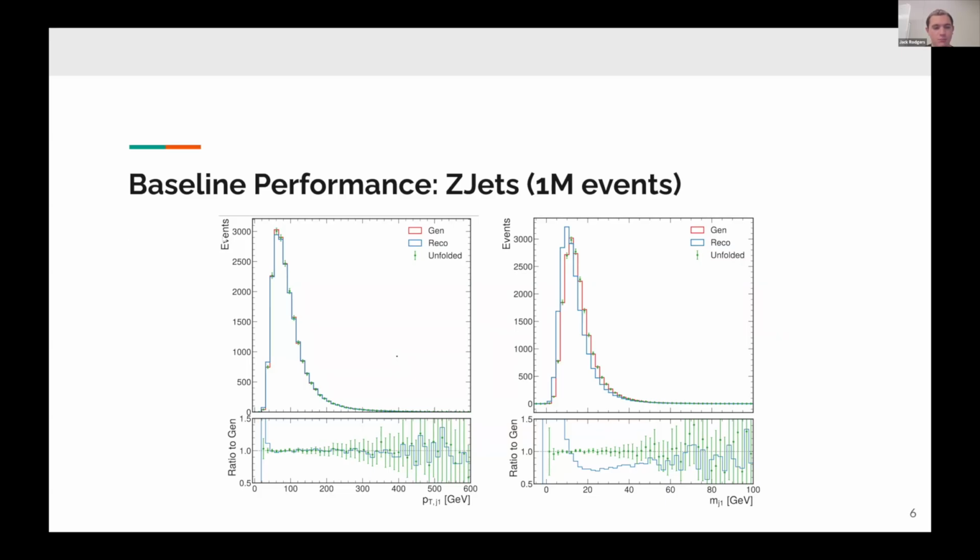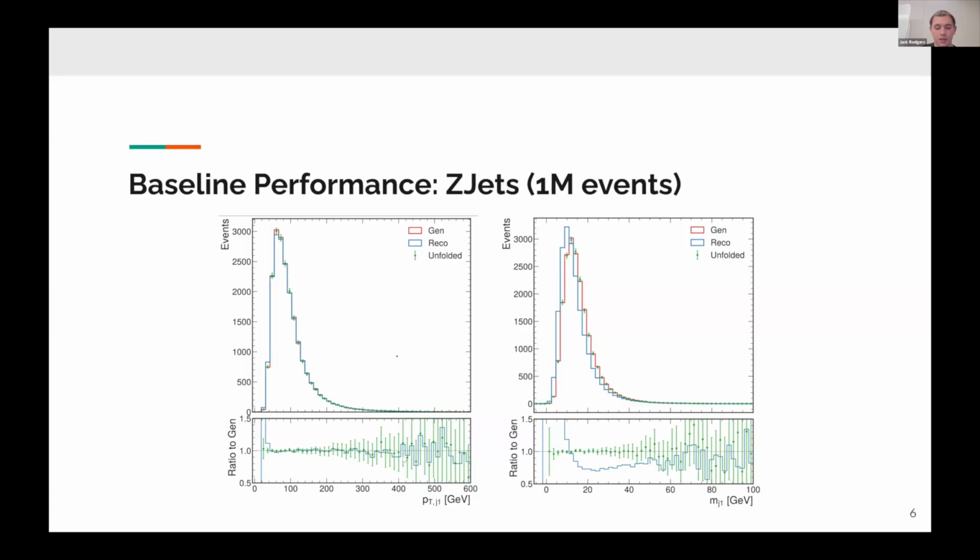So just some baseline performance on Z-jets. Our reconstruction, like what our detector would see, is in blue, our predictions are in green, and gen, truth, is in red. We can see that, especially in the low PT, low mass regions, we perform significantly better than the reconstructed algorithm.